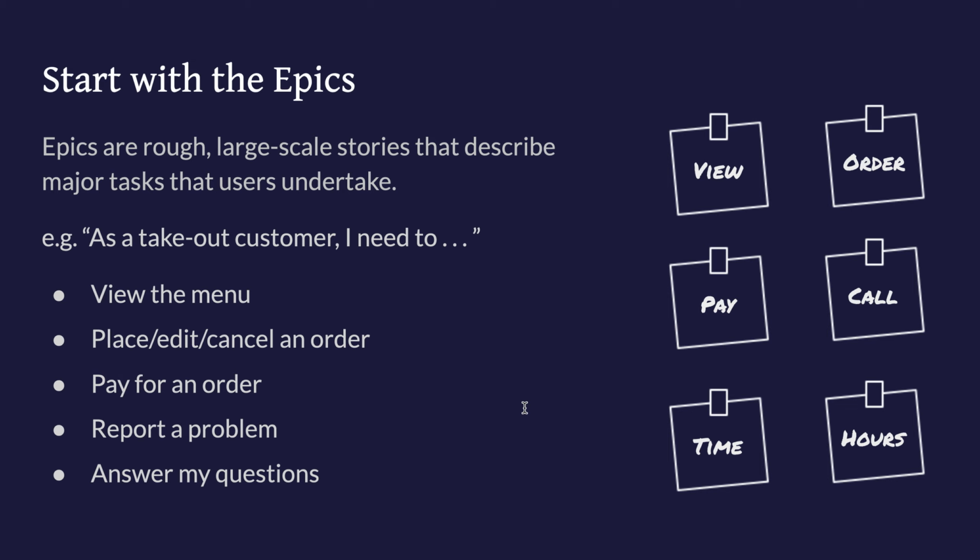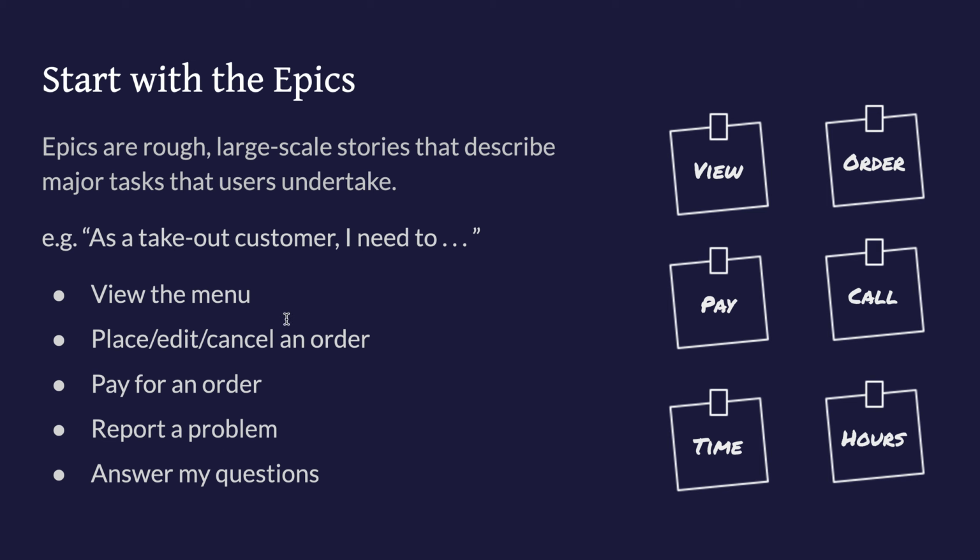User stories are organized into epics. Epics are like rough, large-scale stories that describe the major tasks that a user can undertake. For example, as a takeout customer, I need to view the menu, place, edit, cancel an order, pay for an order, report a problem, answer my questions.